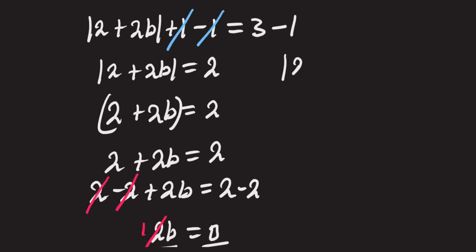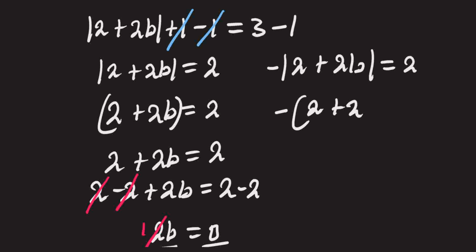The absolute value of 2 plus 2b equals 2. Now we can place a negative sign here. And if we now replace the absolute value symbol with parentheses, so we have negative, open parentheses, 2 plus 2b is equal to 2. This is like negative 1.